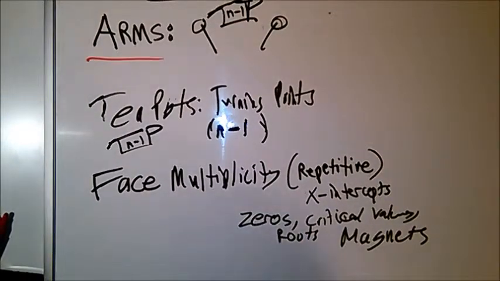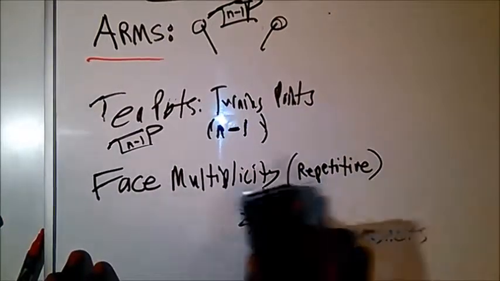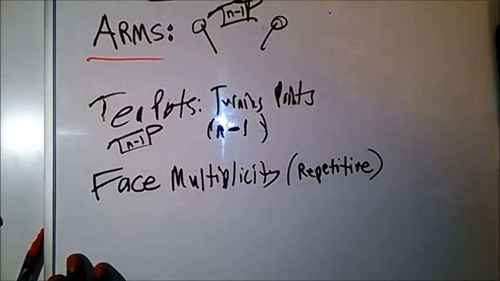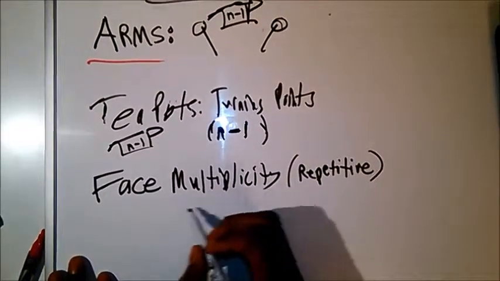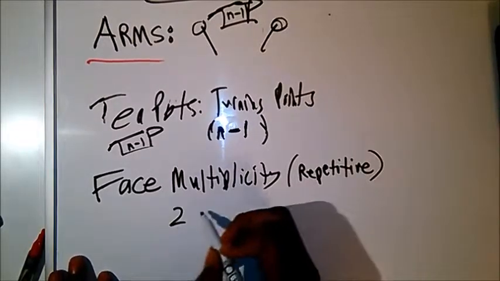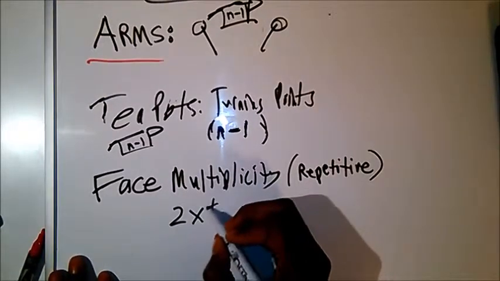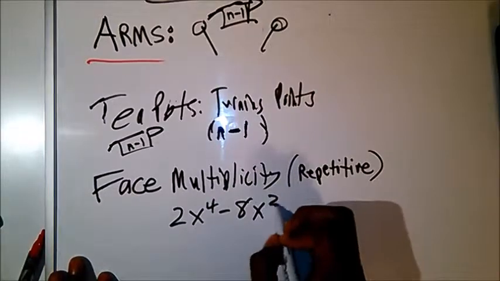So let's look at this function here, to determine its face multiplicity. Let's look at one. How about this one? 2x to the fourth power minus 8x squared.